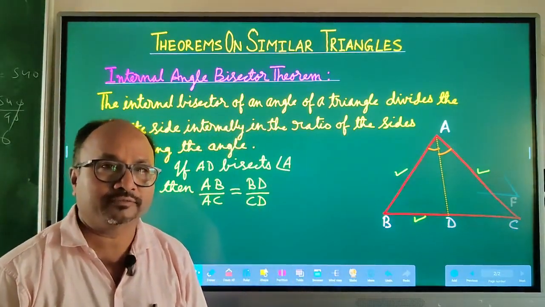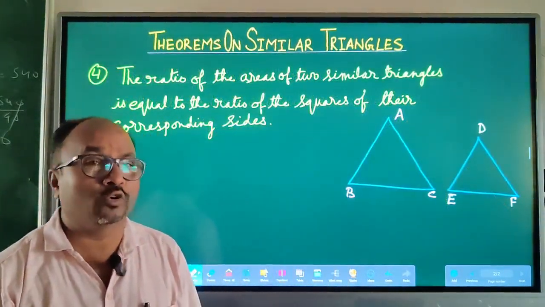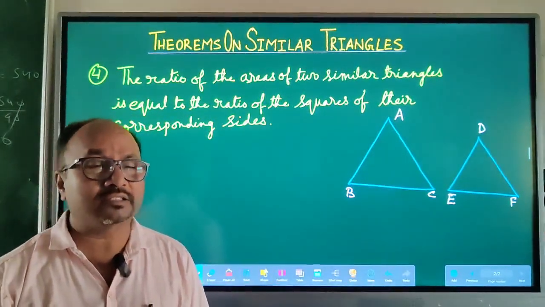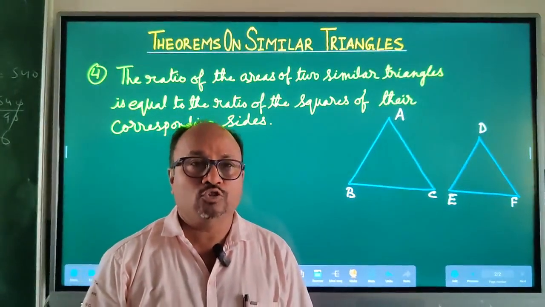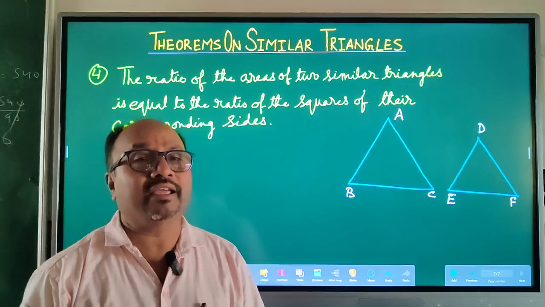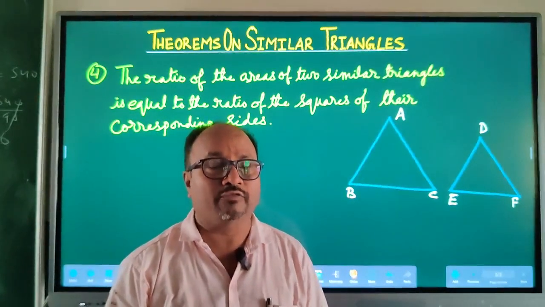Now let us take a look into the next theorem, which is based on areas and sides. So whenever we have two similar triangles, we can relate the areas with the sides of the triangle.